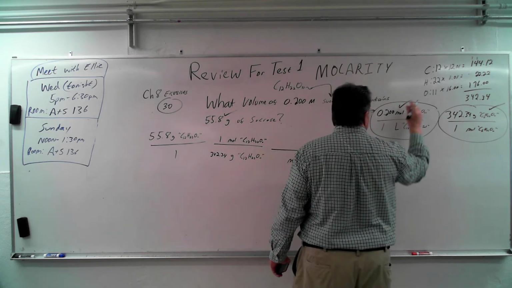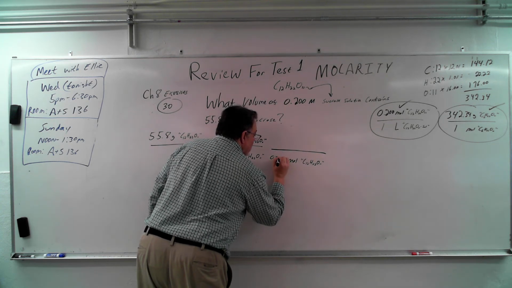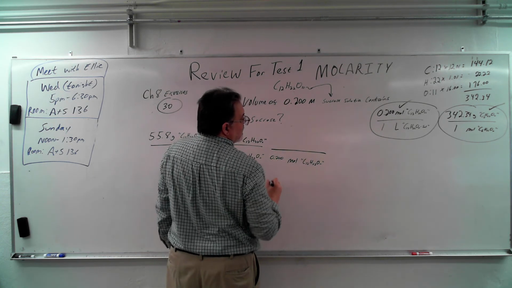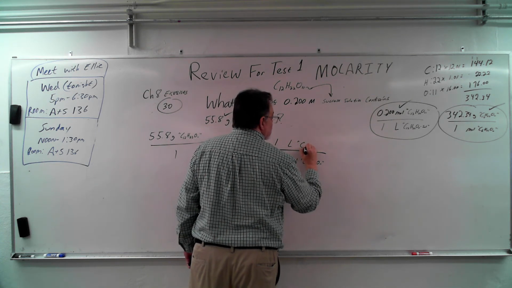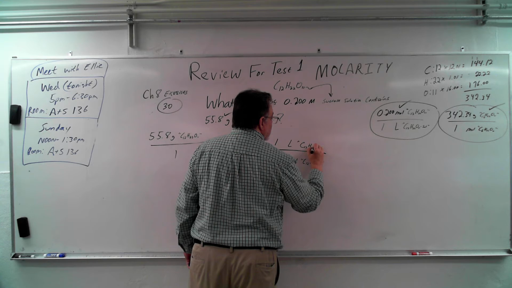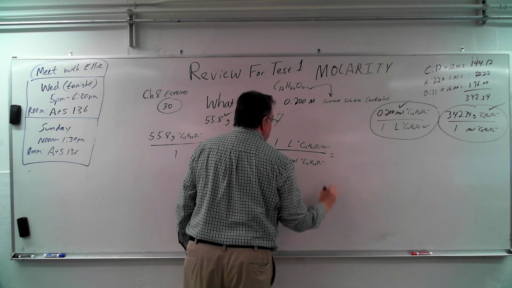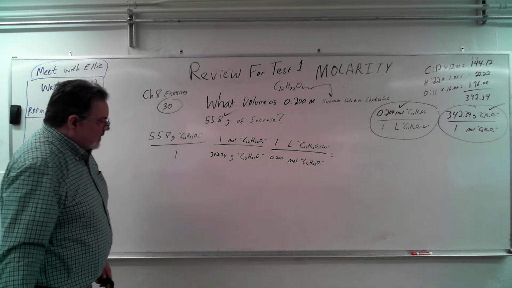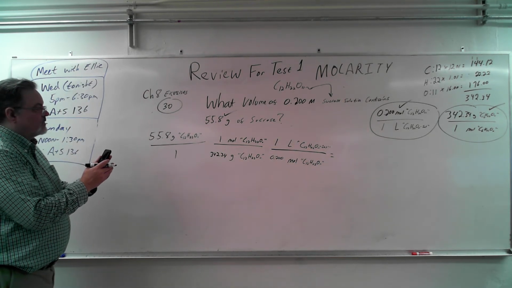It's going to be this 0.200 moles is 1 liter of C12H22O11 solution. And that's going to give us the liters of the solution.